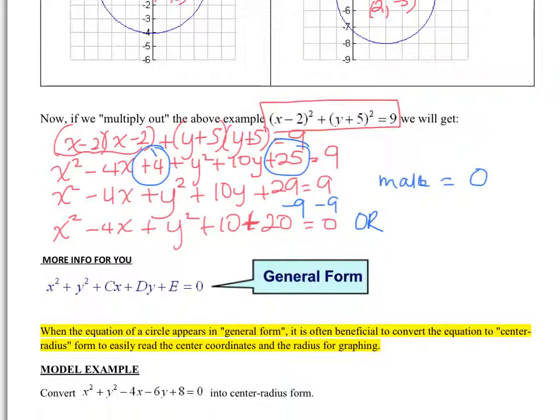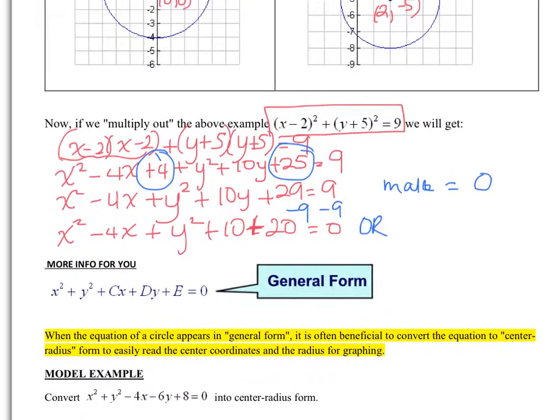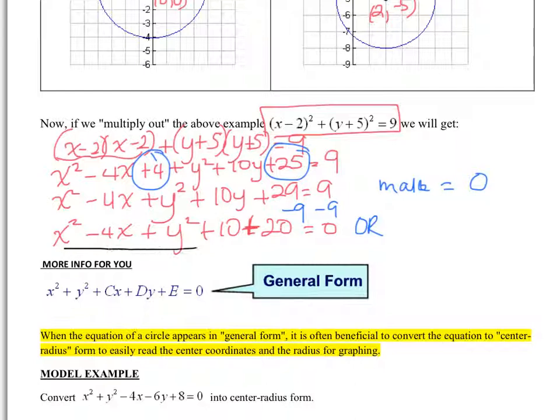We could also rewrite this and put it as x squared, let's put the y squared here, minus 4x plus 10y is equal to 0.